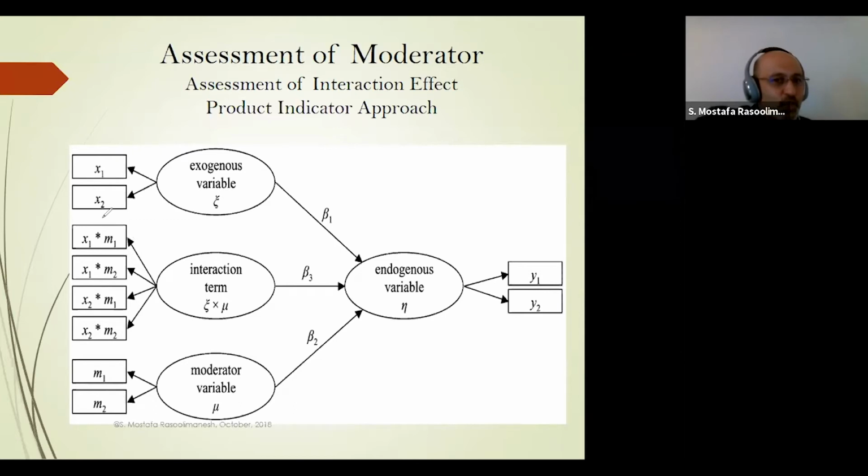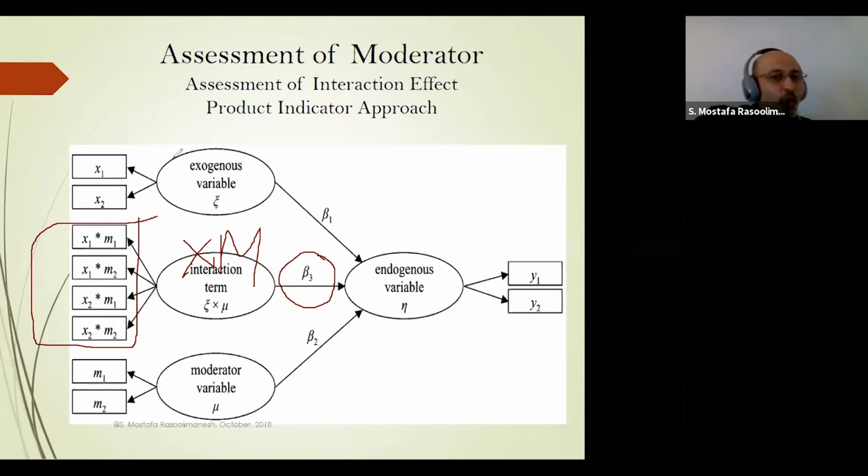This interaction effect XM is what we want to assess the coefficient of.